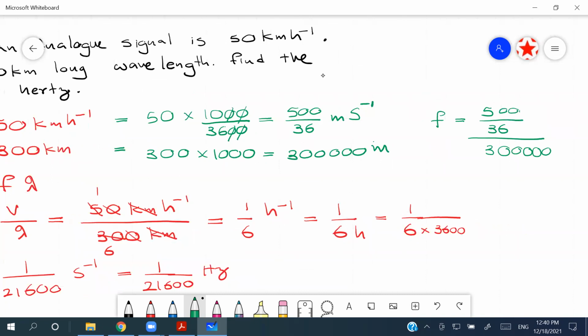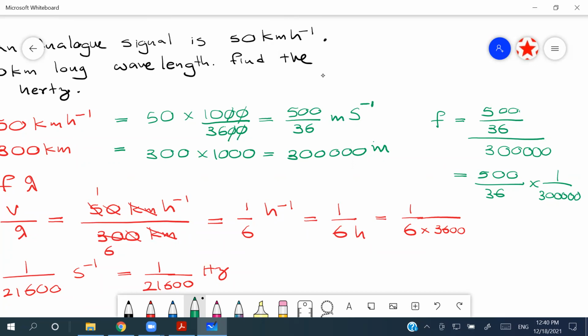So divide by 300,000 means 500 divided by 36 multiplied by 1/300,000. Divided by 300,000 means multiplied by 1 over 300,000.